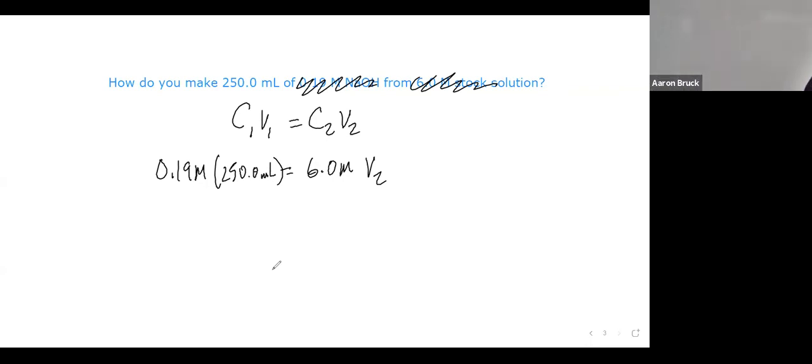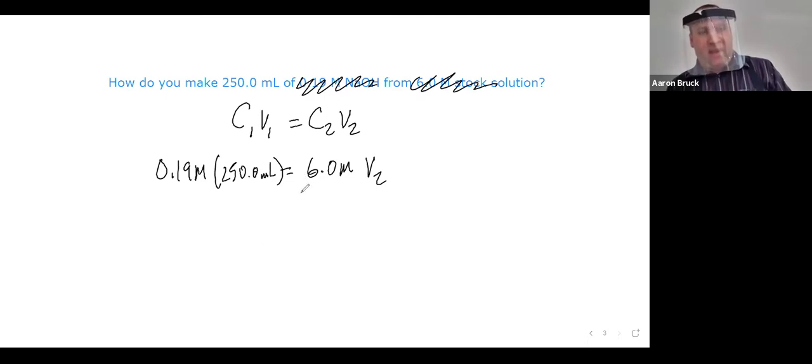So you're right. Ordinarily, we think of the left side as initial and the right side as final. But if you forget, or if you accidentally flip-flop them, it's okay. What really matters is the molarity and the volume need to be together, describing the same solution.